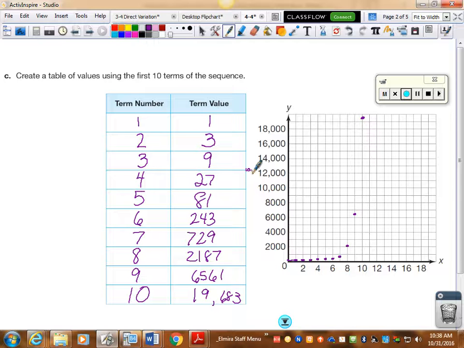But 10 is not in the number sequence. These numbers are the only numbers that can be in the number sequence. So I cannot connect the dots, because connecting the dots represents that all numbers in between these values also count. So I cannot do that.